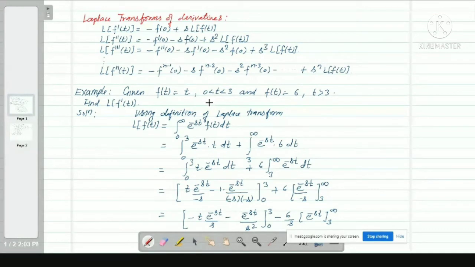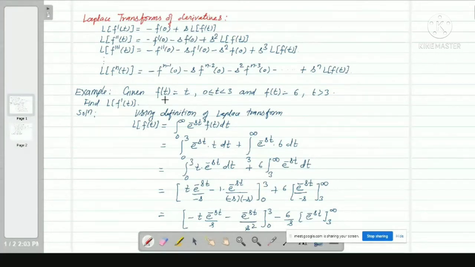So how to find f of 0? Your function is f of t equal to t, where 0 is less than or equal to t is less than 3. Your function is defined for t between 0 to 3. Just move to the next page.